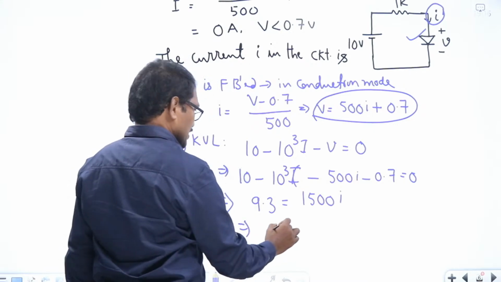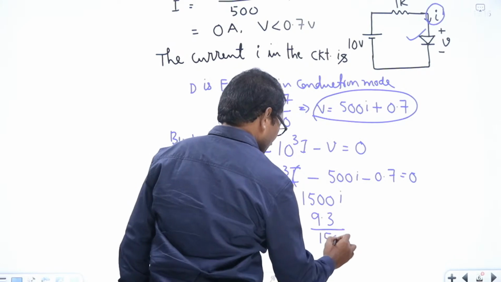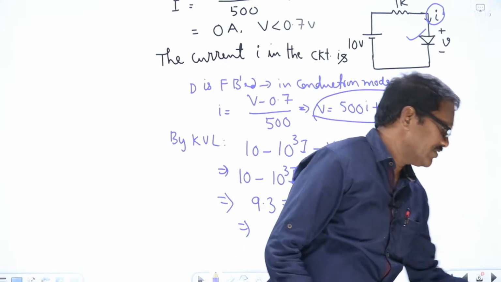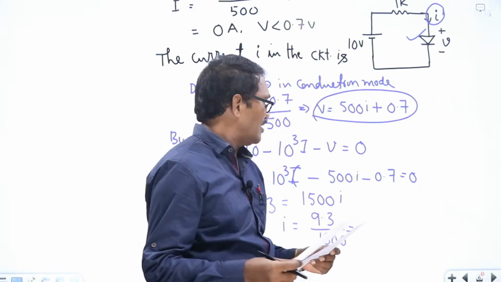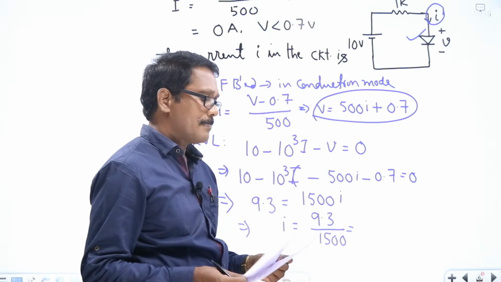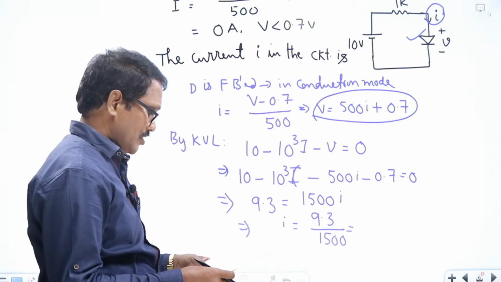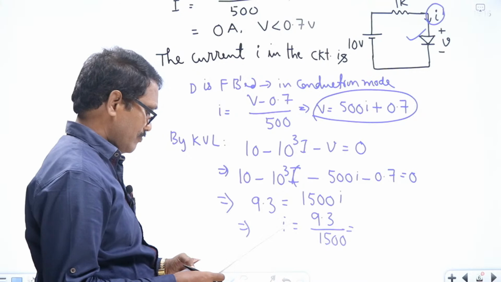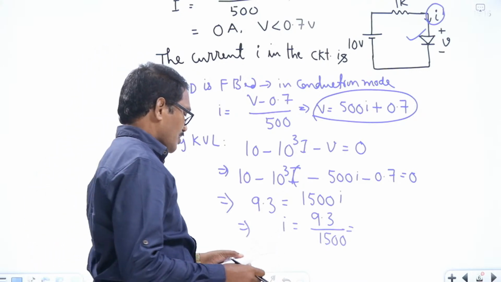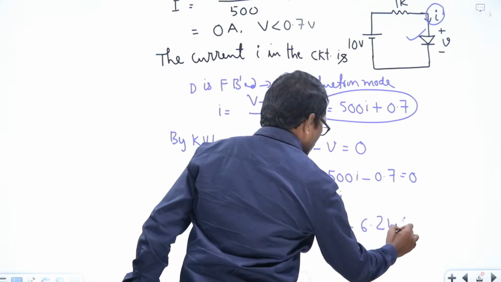That implies I is equal to 9.3 by 1500. As simple as that. Now just calculate this value and please tell me what is the I value. I have calculated here, I is equal to 6.2 milliamperes.